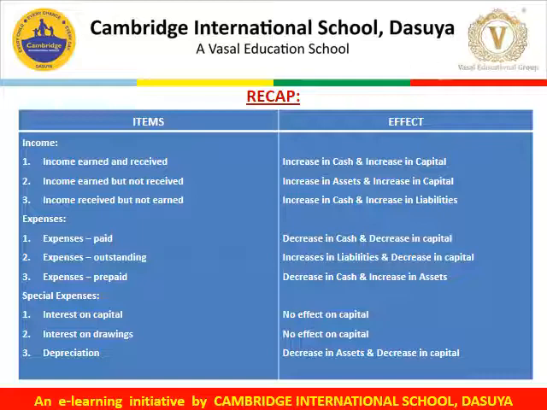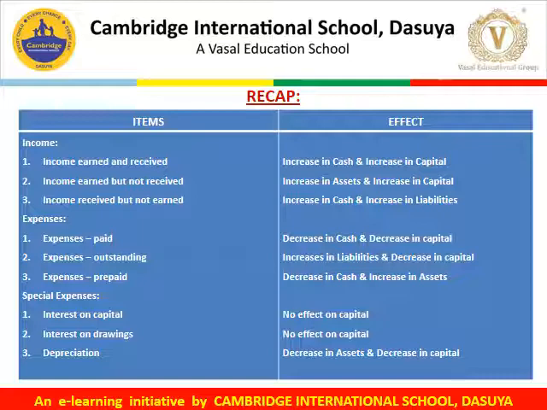So I'm again summing up the treatment of expenses. Expenses if paid: decrease in cash and decrease in capital. Expenses outstanding: increase in liability, decrease in capital. Expenses paid in advance, that is prepaid: decrease in cash and increase in assets.